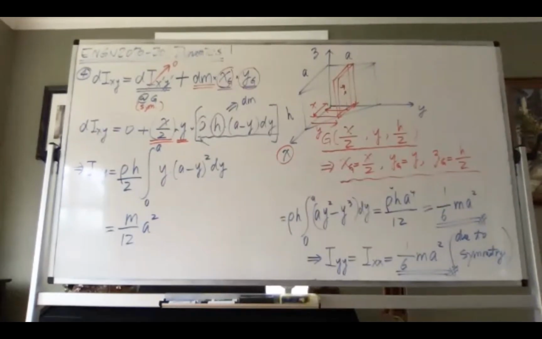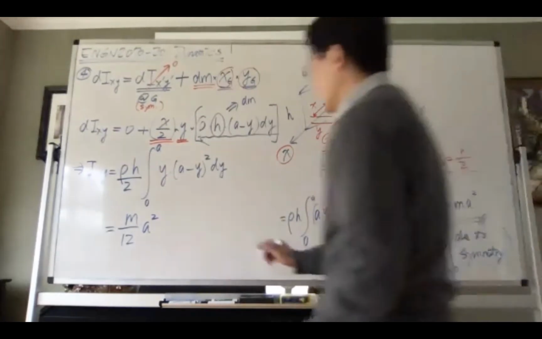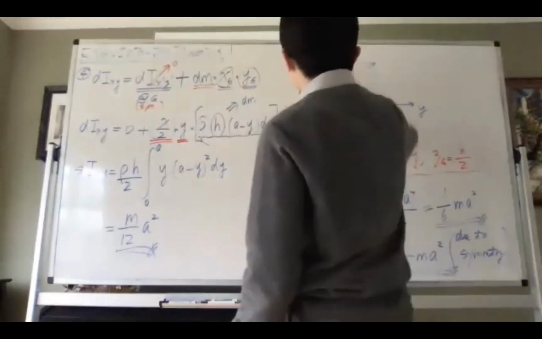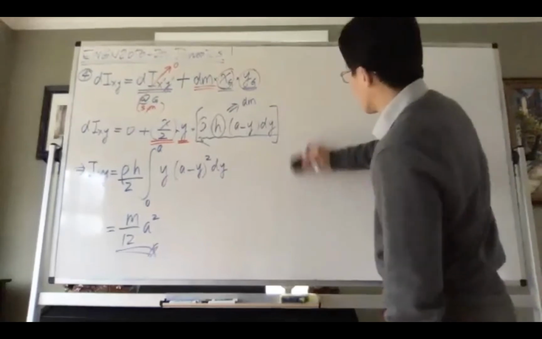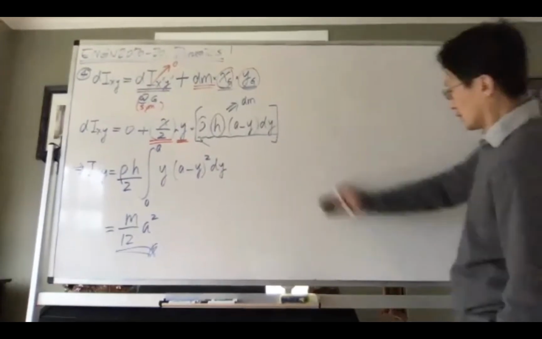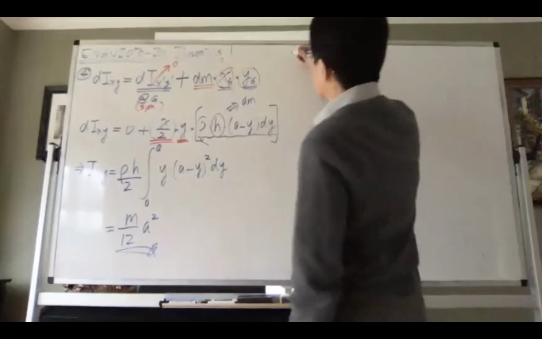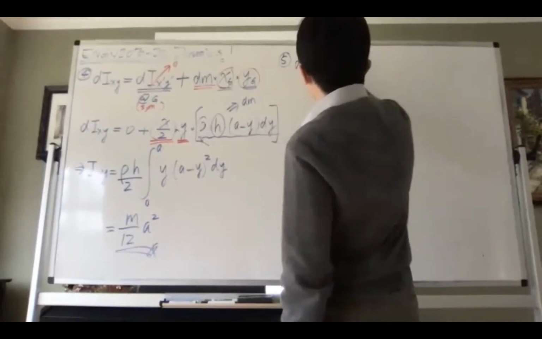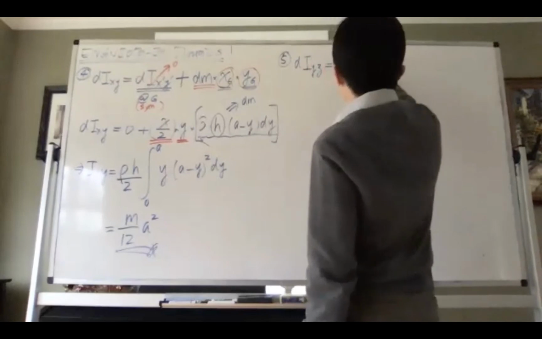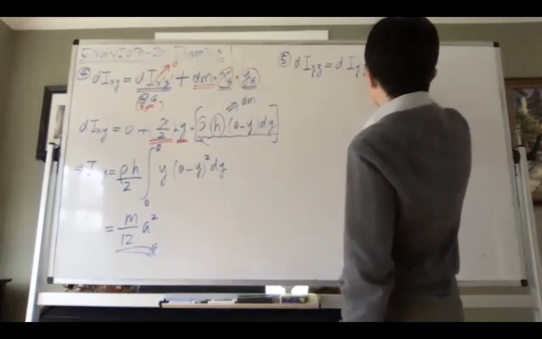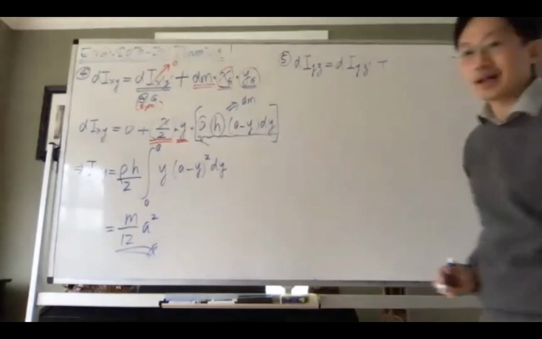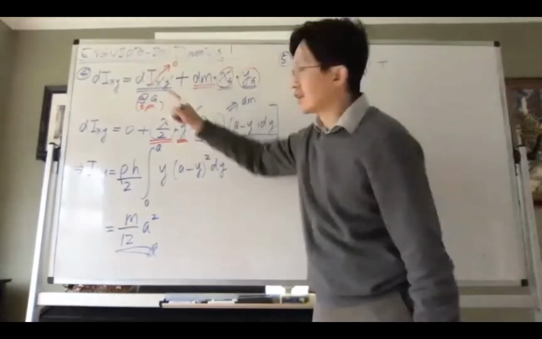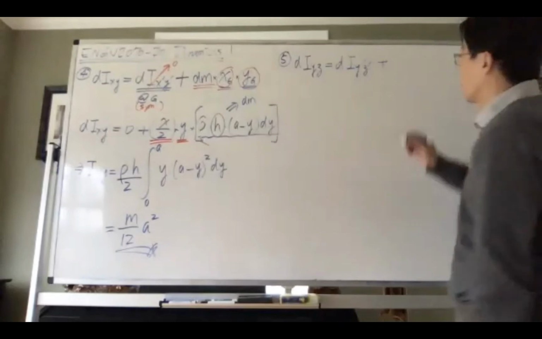Now, what about Iyz? So this is Ixy. What about Iyz? Remember, write down the definition first. Iyz equals Iy'z' plus... And of course, very soon you're going to realize that this first term is always going to be 0 because of symmetry for products of inertia.